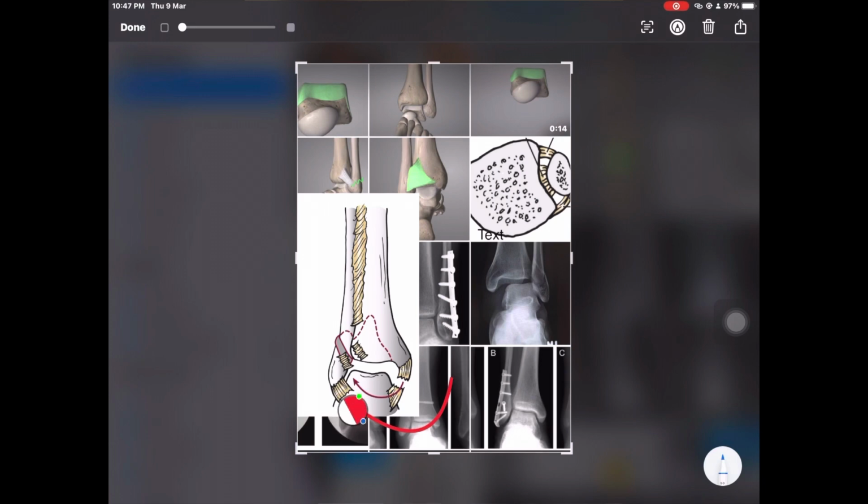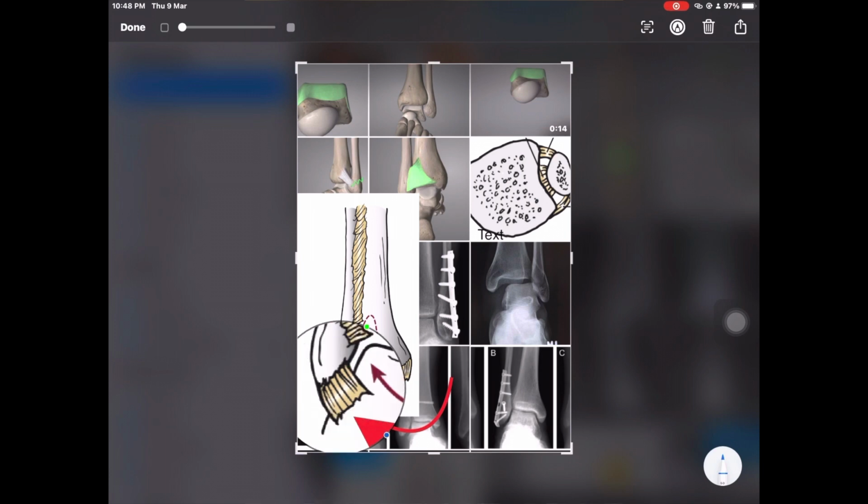I'll tell you why the medial clear space increased in such injury. One is due to syndesmotic injury, second it is due to the shifting of the talus. How will shifting of the talus increase the medial clear space? Because the talus is attached to the distal part of the fibula with the help of the ATFL, the anterior talofibular ligament.